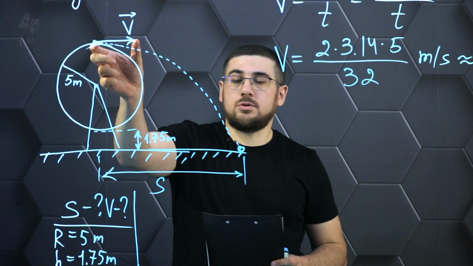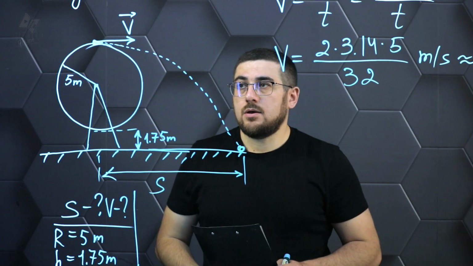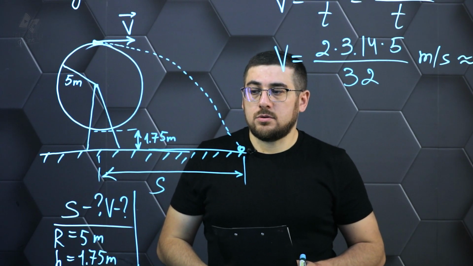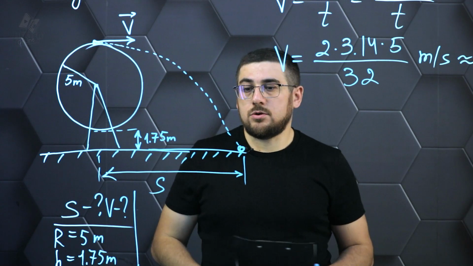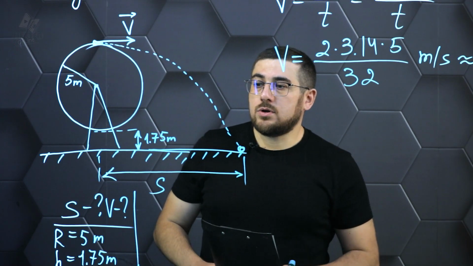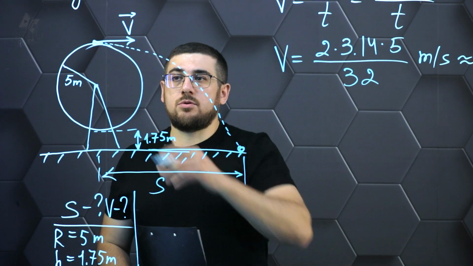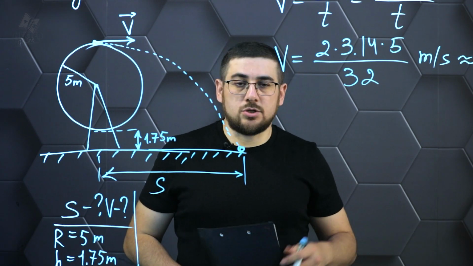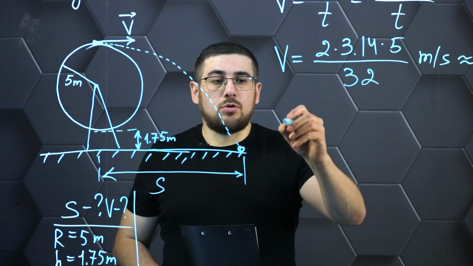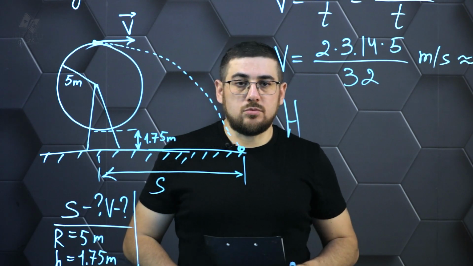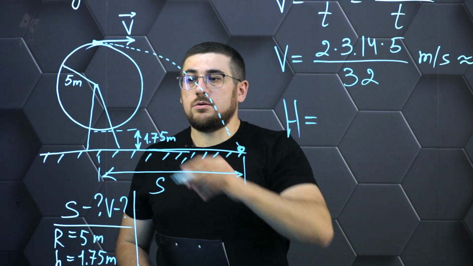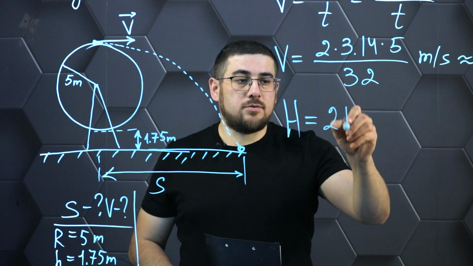Thus, we can write down several equations in order to obtain a system and then solve it. The first equation is vertical free fall with no initial velocity. That is, vertically downwards, this toy has no initial velocity, so the total height of the fall, let's denote it with a capital letter H, is accordingly the sum of two radii, as we see.